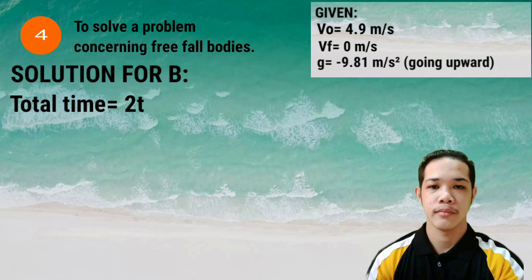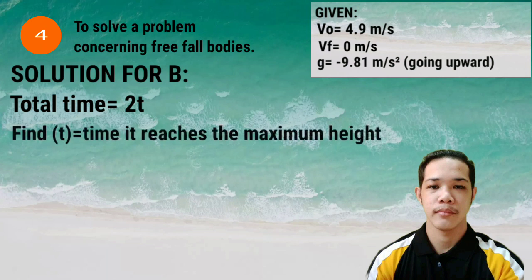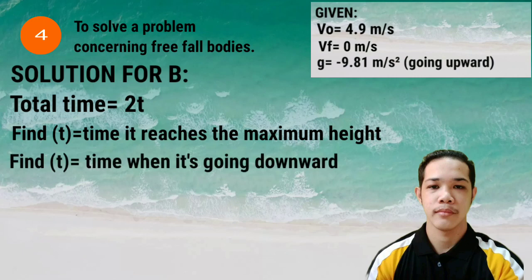Because the time when it is thrown upward and reaches its maximum height is equal to the time when it goes downward and reaches your hand, because it is the same elevation. Now we're going to solve the time it reaches its maximum height and the time when it's going downward. Let's solve first the time it reaches maximum height.